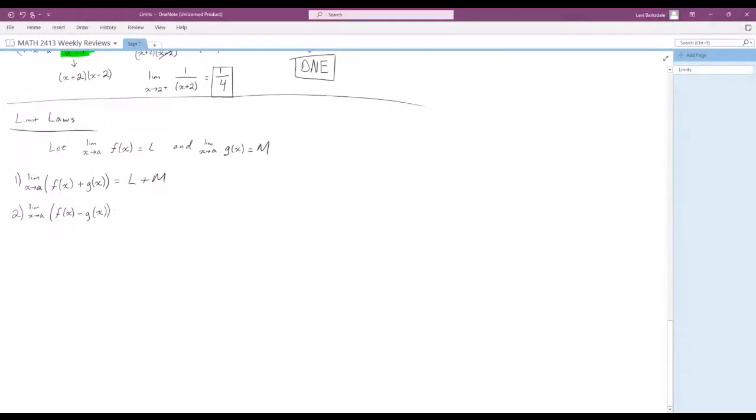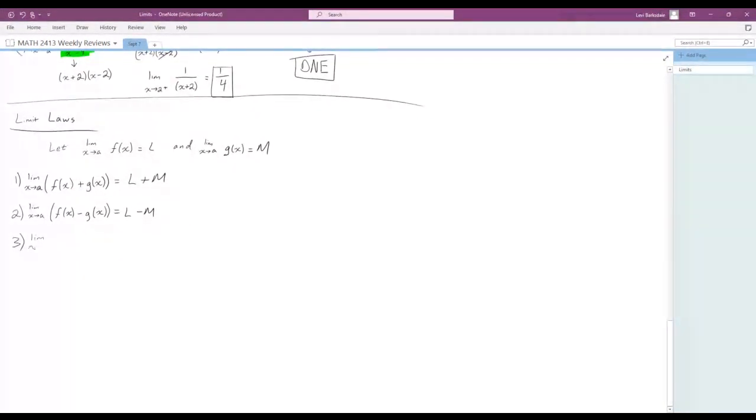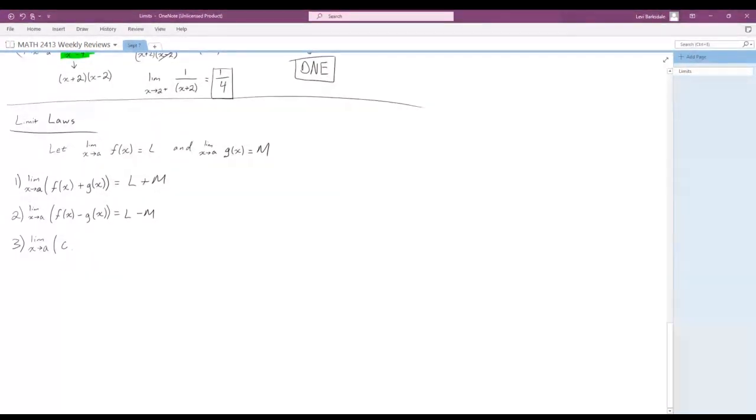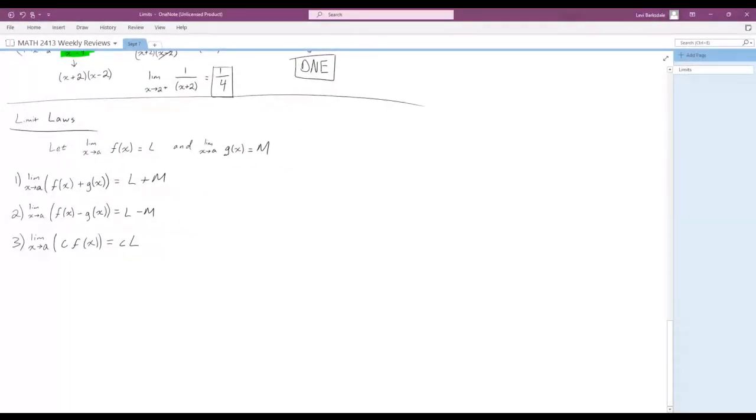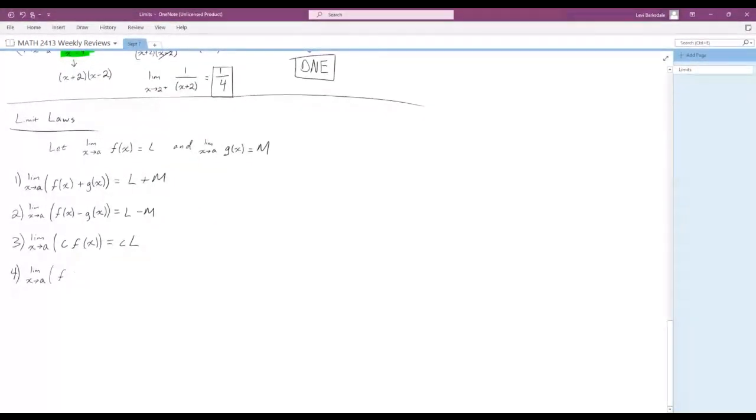This time, instead of the sum, we just use the difference, and that would be L minus M instead of L plus M. Now we have our multiplication by a constant rule, where if C is some kind of constant, well, then we can just multiply our limit by it as well. We also have the product rule, where instead of multiplying by a limit, we multiply by the other function.